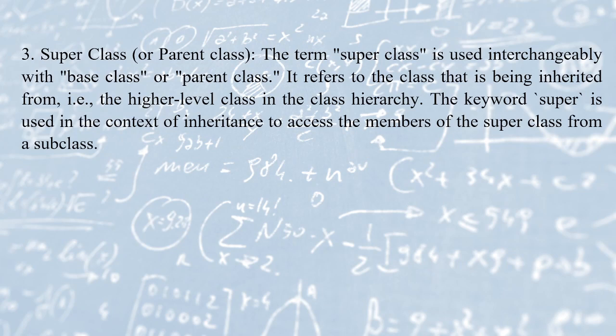Now comes the superclass, which is the parent class or base class, whatever you say. The term superclass is used interchangeably with base class, so we can call it either a base class or a superclass. It refers to the class from which other classes inherit, provides a higher level of abstraction, and is used as a general template for creating more specific subclasses.